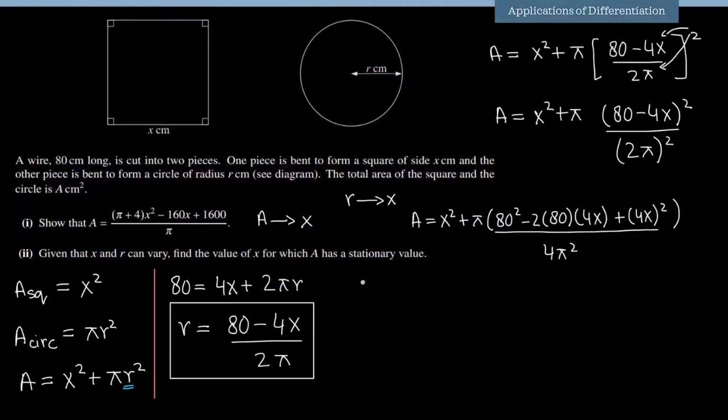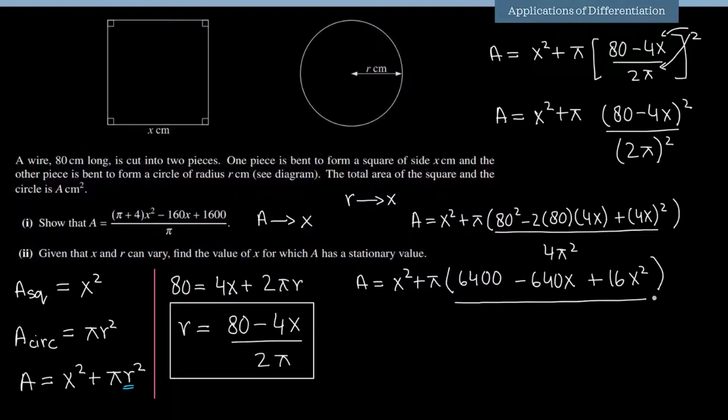This gives me area is equal to x² plus π times 80², which is 6400, so 6400 minus 640x, and plus (4x)², so plus 16x², divided by 4π².